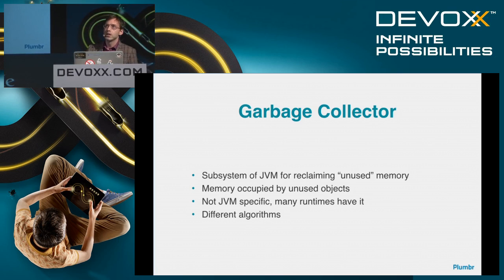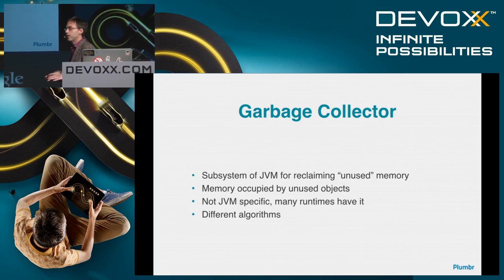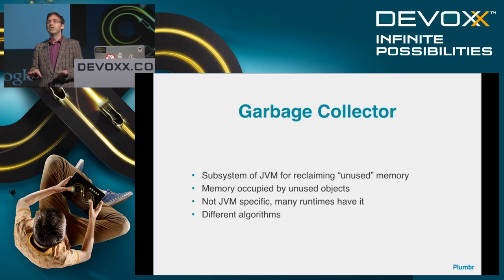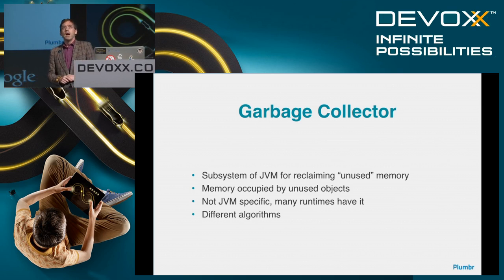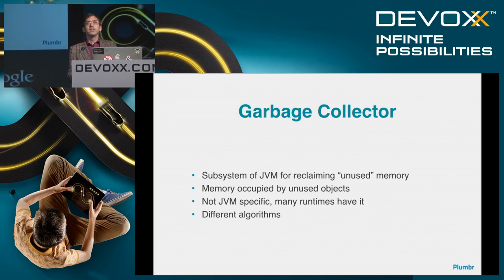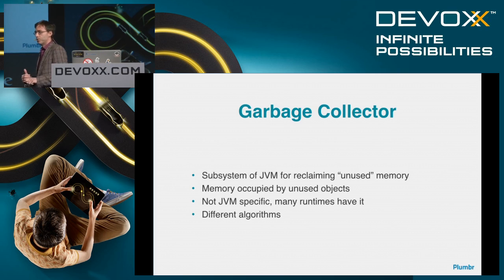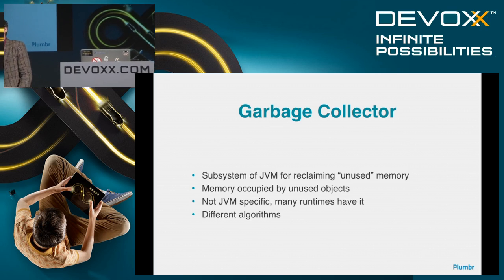And we have different algorithms regarding garbage collection in different runtimes. JavaScript, .NET, and the JVM use different algorithms for garbage collection. But if we talk about the JVM, then differences between those algorithms mainly concern when to run garbage collection, when to collect your objects, not how to do that.